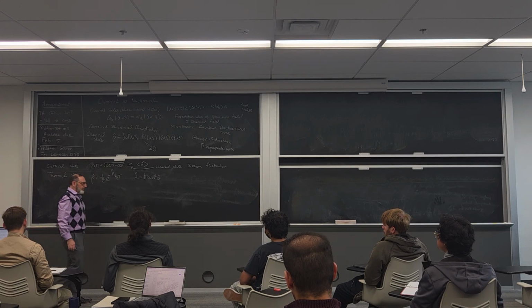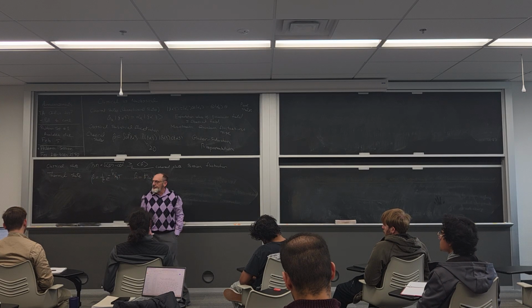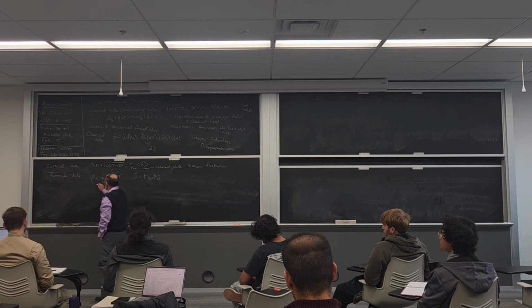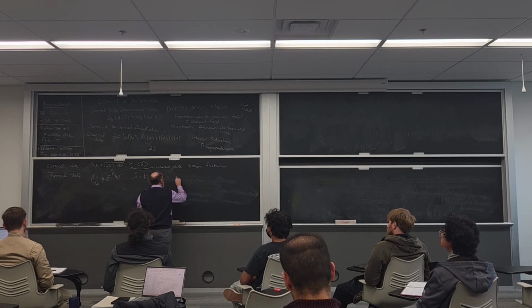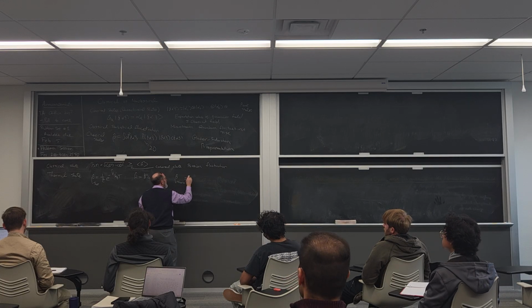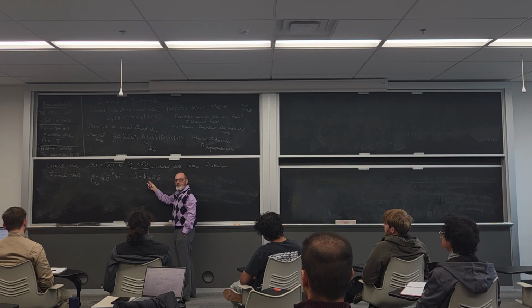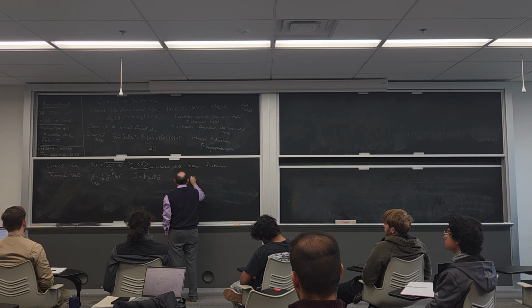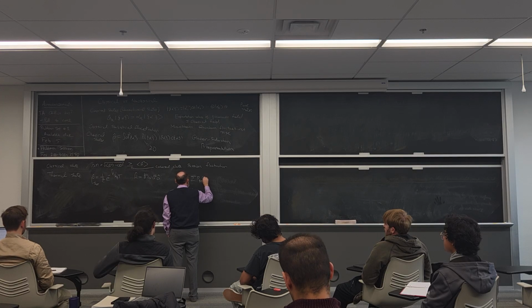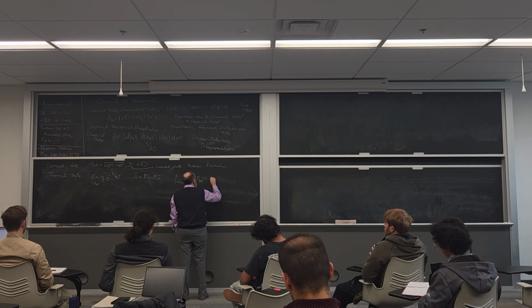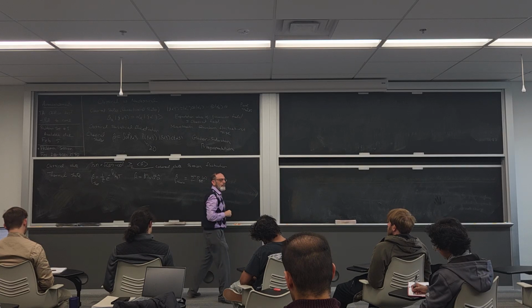And what we reminded ourselves of last semester is that the thermal state is diagonal in the energy eigenstates, which are the number states, with a probability distribution that is the Bose-Einstein distribution. Right?